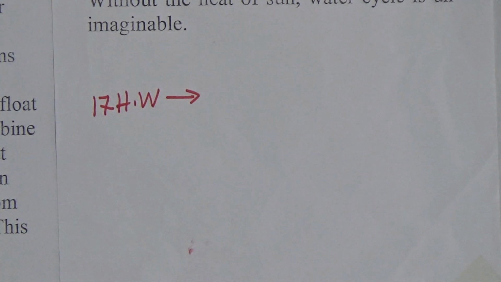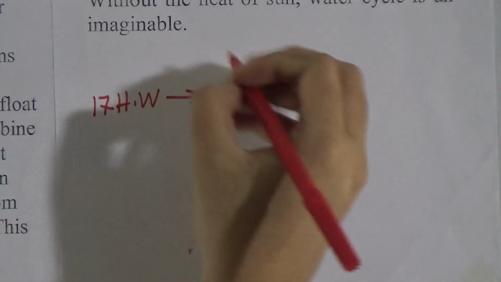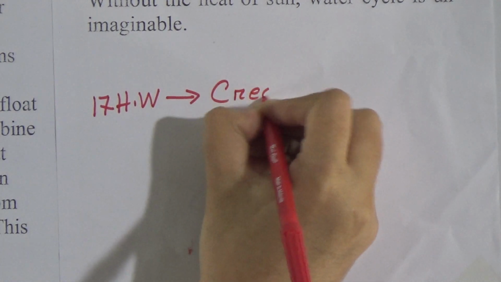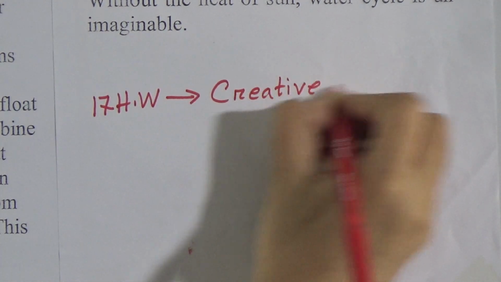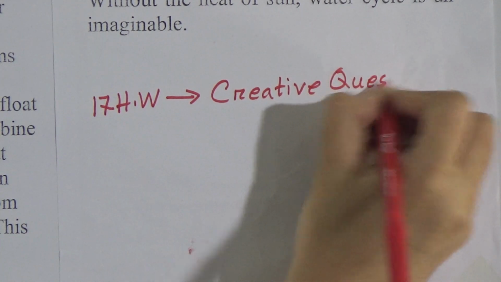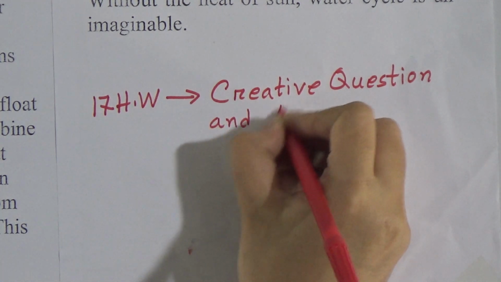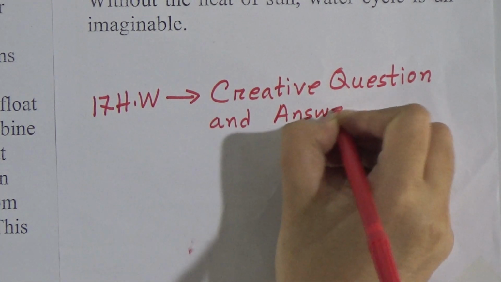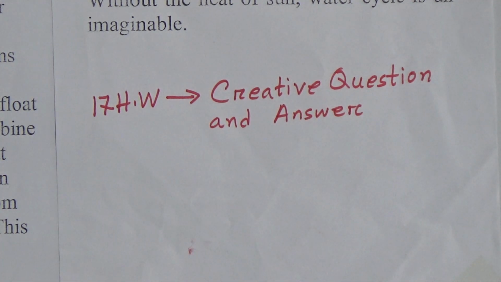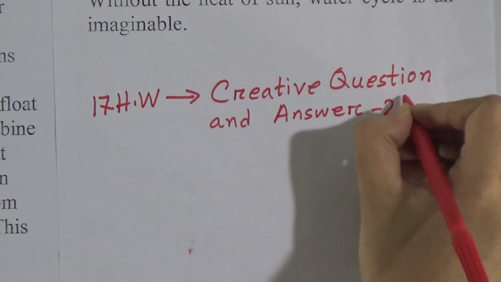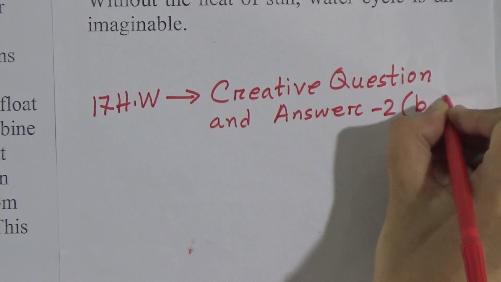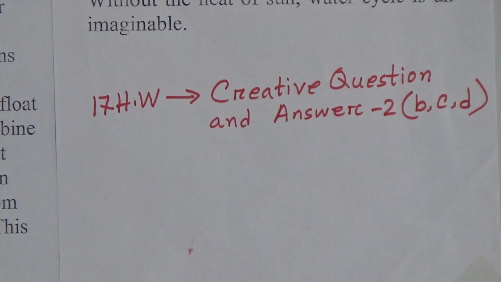And your SW will be this creative question and answer, number 2, and the sub numbers are B, C and D. This is your SW.